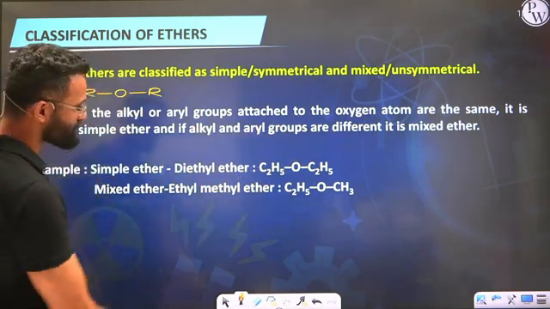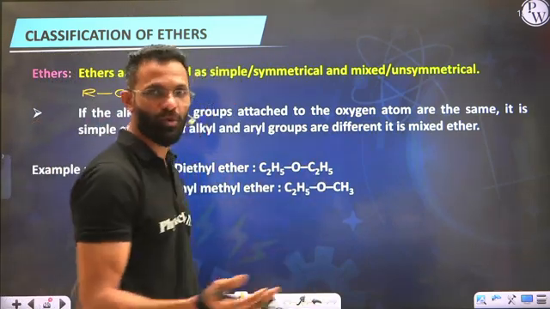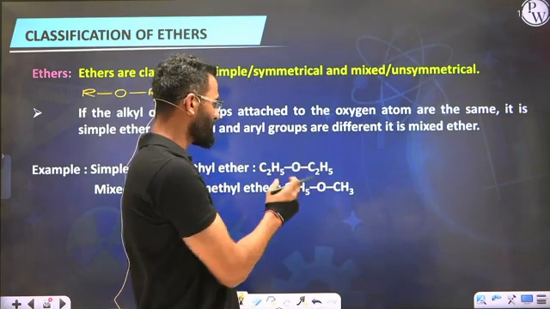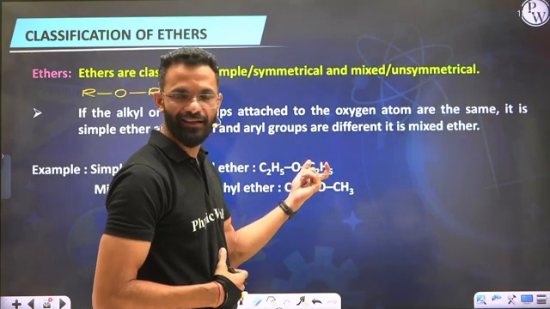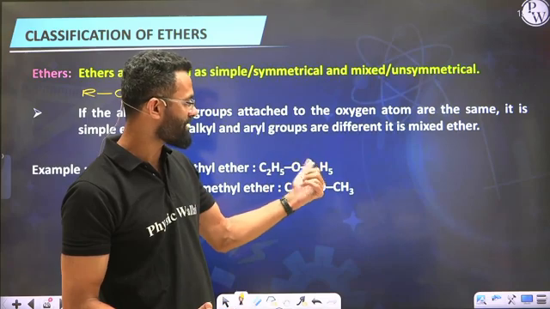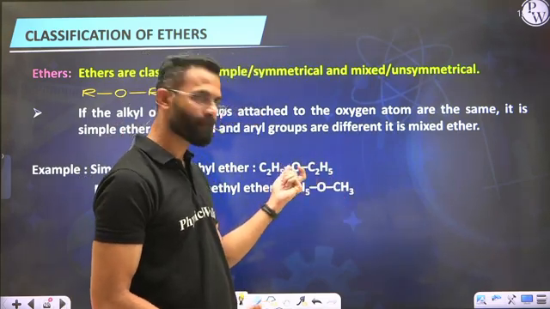For example, look at this. While naming this ether by the common system, we simply call them as dialkyl ether, meaning this is also alkyl, this is also alkyl, and both being identical, I'll call this as diethyl ether.